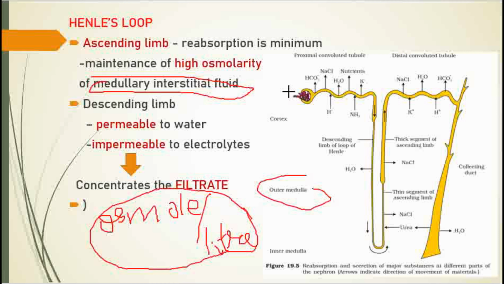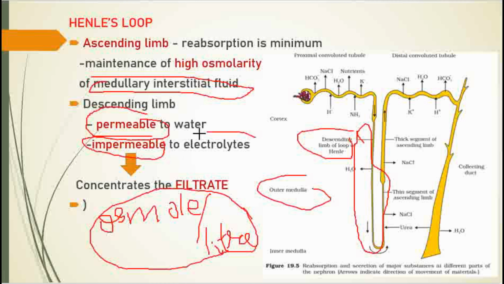So what occurs in the case of the descending limb? I have said one point about the ascending limb. In the descending limb, it is permeable to water, so water is allowed in the descending limb. And it is impermeable to electrolytes, so it won't allow the electrolytes.